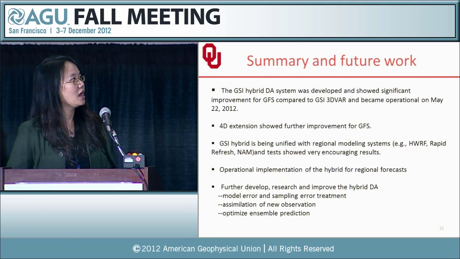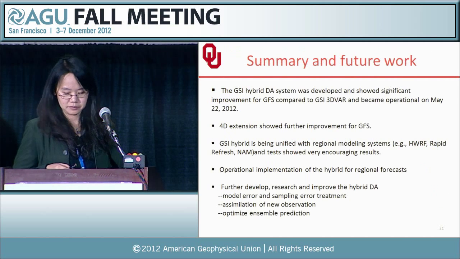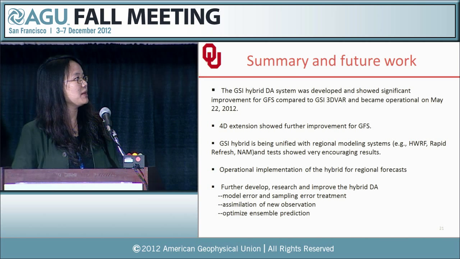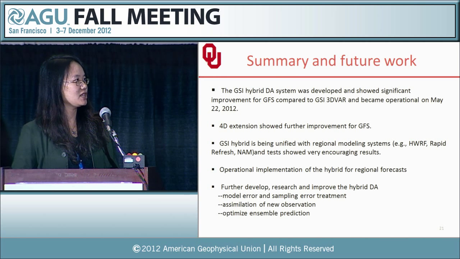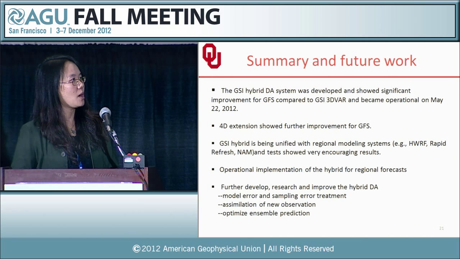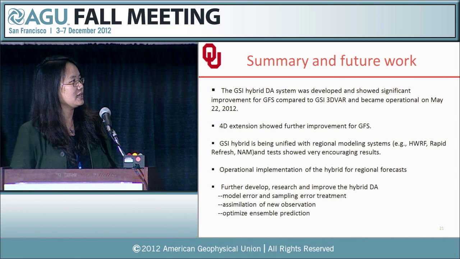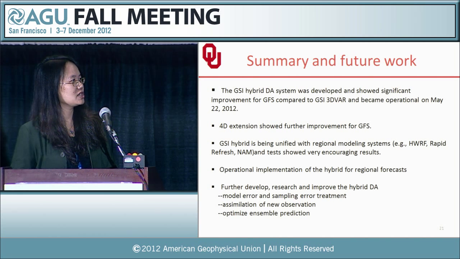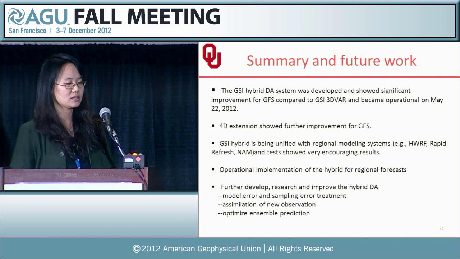To summarize, the GSI hybrid data assimilation system was developed, and we show significant improvement for the GFS, the global system. This system became operational for the GFS 6 months ago. We also made a 4D extension for the GSI hybrid and tested that for the GFS and showed further improvement.